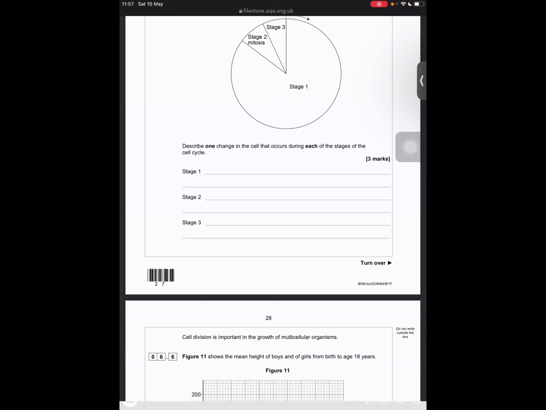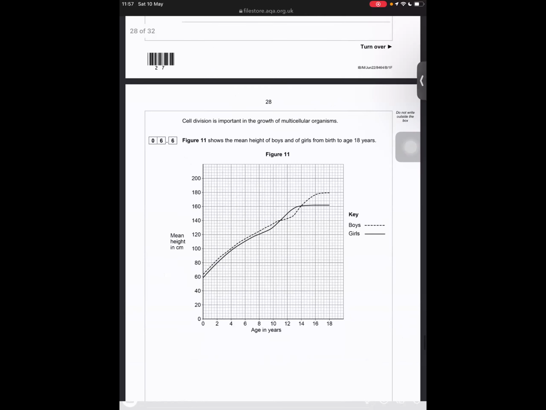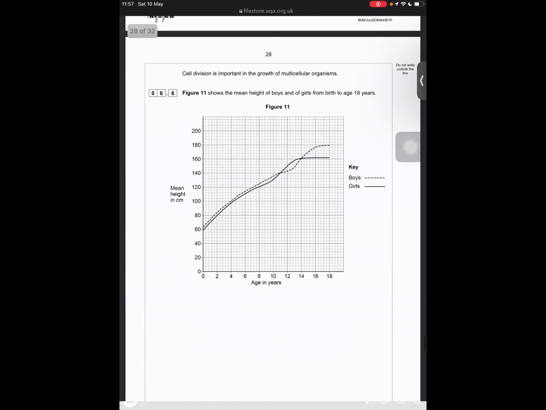Let's see. The next question seems to be having a graph. It says cell division is important in the growth of multicellular organisms. This figure shows the mean height of boys and girls from birth to age 18 years. So what's the real question?